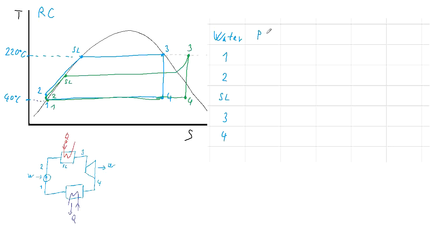And we will have pressure, let's use megapascals, temperature in degrees C, enthalpy, kilojoules per kilogram, entropy, kilojoules per kilogram Kelvin, and lastly, steam quality X.